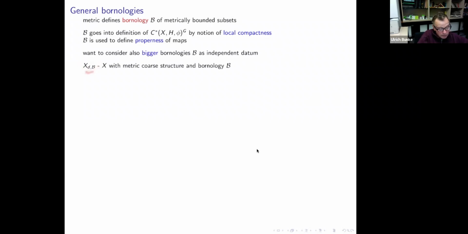So the first index is always the coarse structure, which still comes from the metric, and the bornology is now some maybe bigger bornology, maybe not some unbounded metric. This bornology can be used in the same way as I use the metric bornology to modify the definition of the Roe algebra, so that I can define a Roe algebra with this bigger bornology.